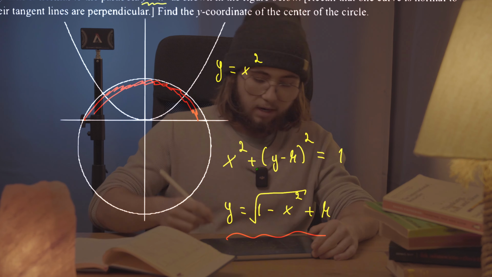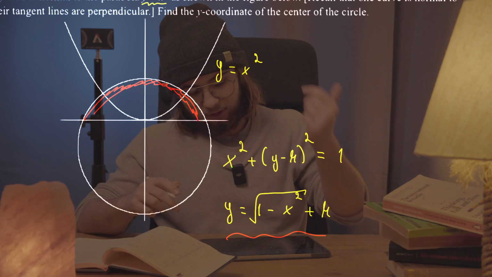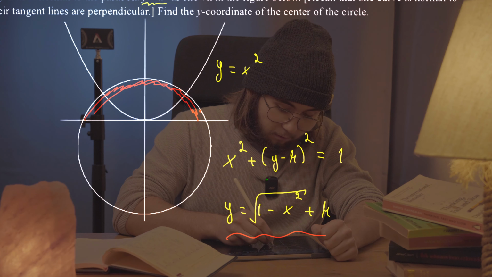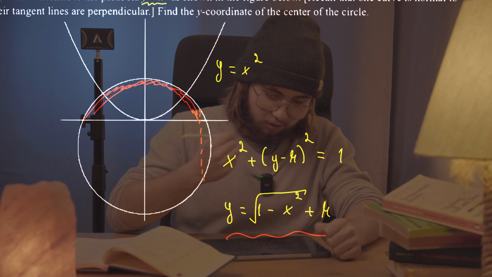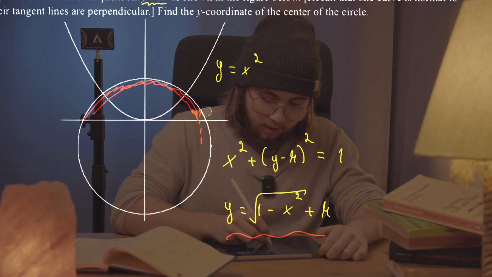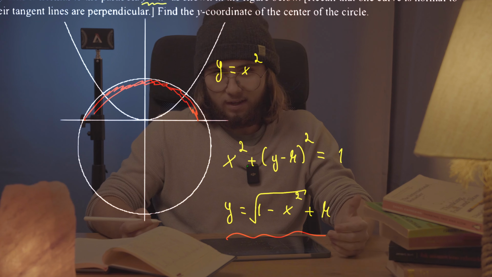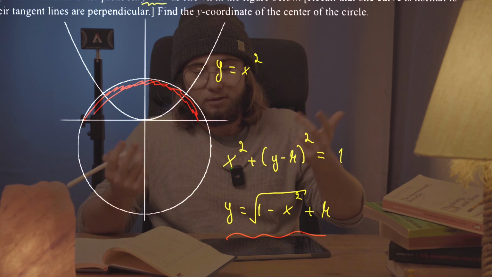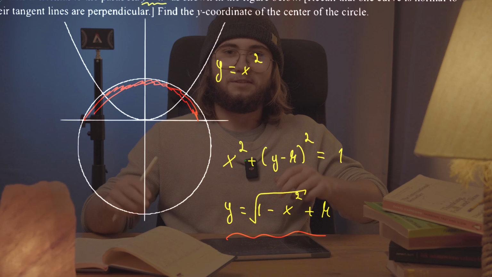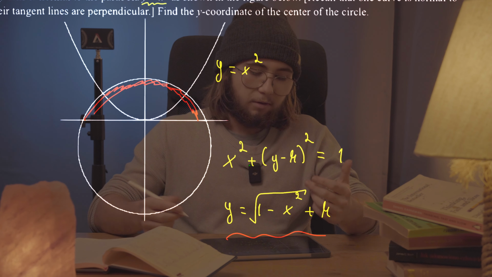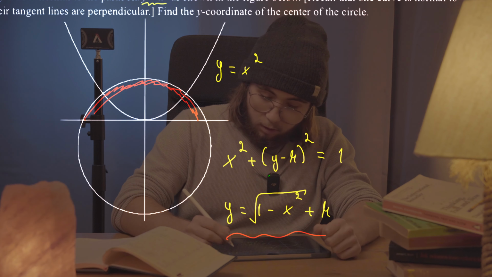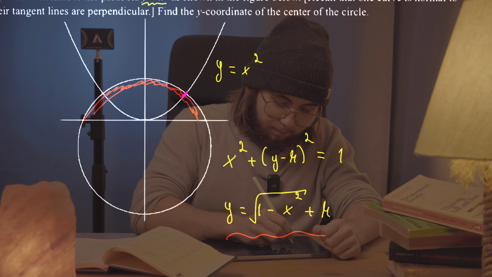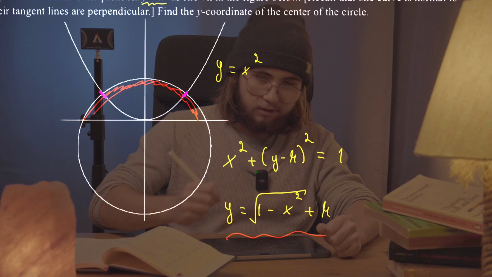It cannot really describe the lower part of the circle, because then for every single value of x I would have two values of y, so this wouldn't really be a function anymore. But it doesn't really matter, I don't really care about this lower part, because, as you can see, the parabola only intersects with the upper part of the circle.